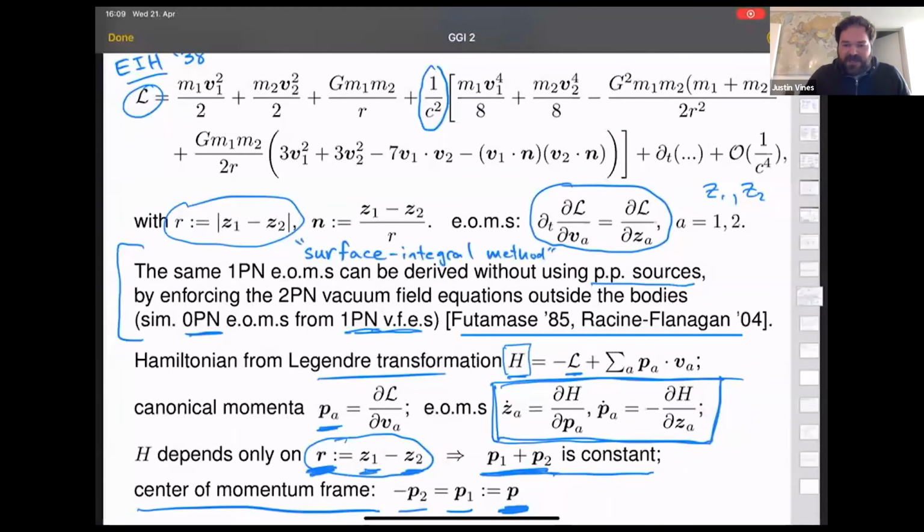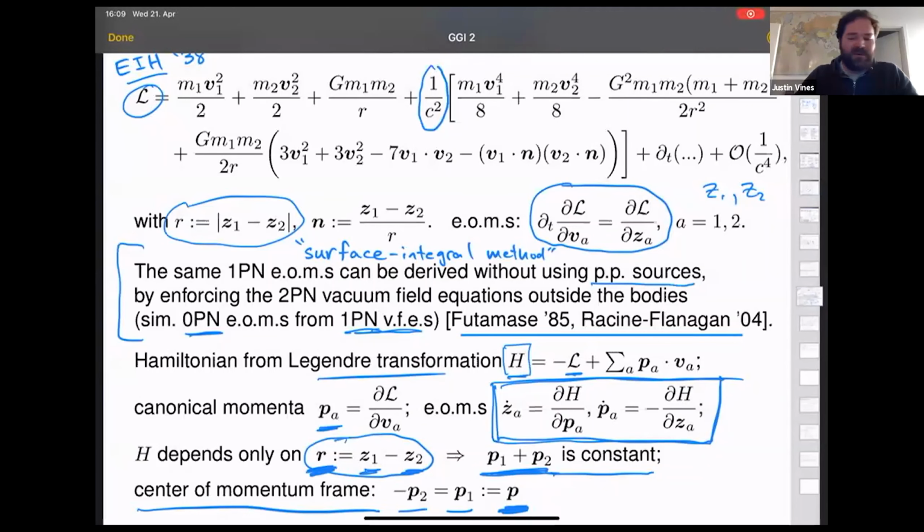Instead of working in the bulk, where you might have some effective source, or of course you could also have matter and describe it with a perfect fluid or something, this surface integral method works only in the vacuum outside, and essentially performs surface integrals in vacuum regions surrounding the bodies.